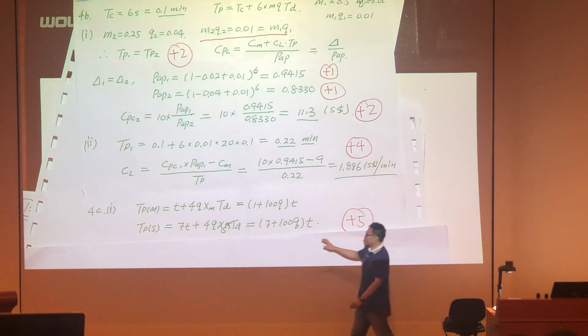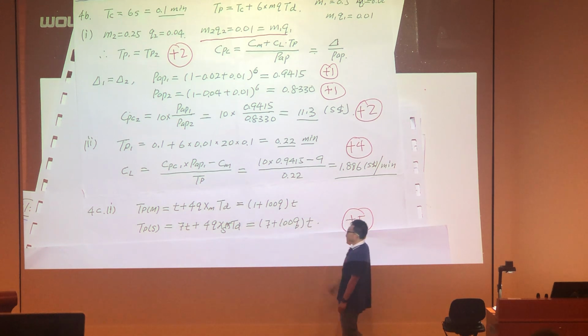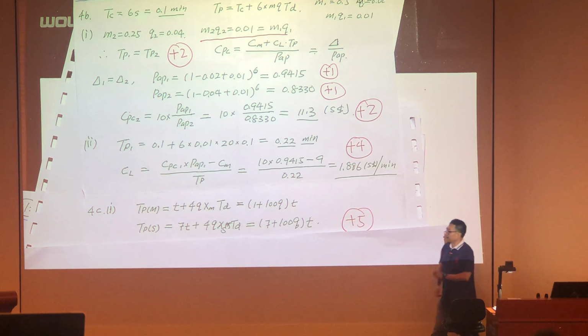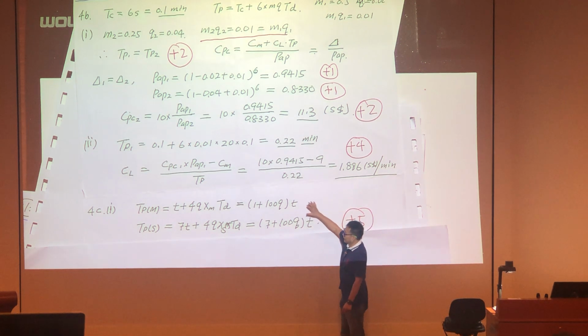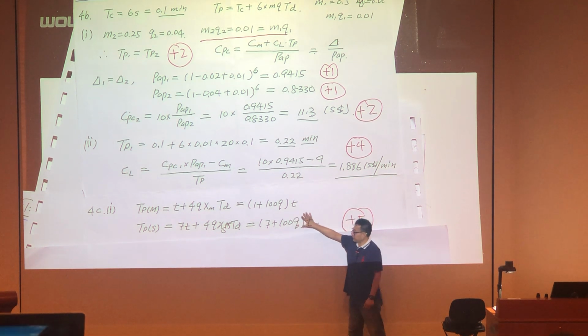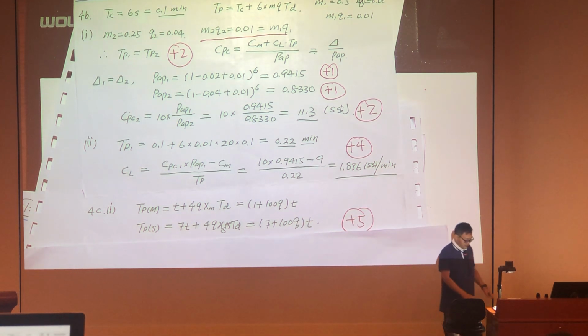And plus, again, 4 elements involving addition of components, Q, XS, and then TD. So that equals this. So we find the expression of TP multi-station and TP single station.